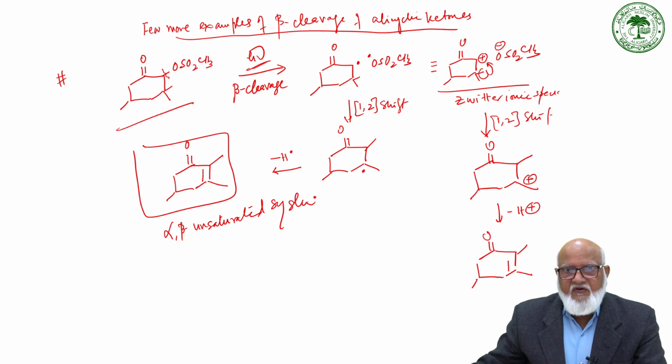Here's another example of a similar type of beta bond cleavage. Here we have an acetoxy group. So we have a substituent like this. This is another example. We have a C6H5 on the alpha carbon. This is the carbonyl, phenyl.